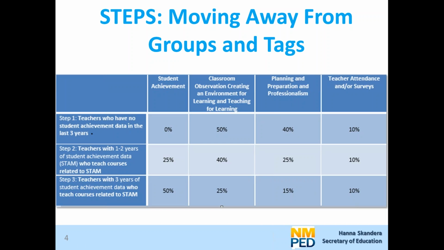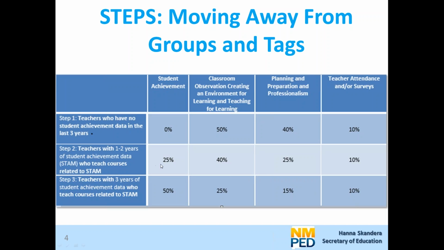And 10% is associated with teacher attendance and/or surveys. If a teacher has both surveys and attendance, it's 5% allocated to attendance and 5% allocated to surveys, or 10 points each. 20 points if you just have attendance or surveys.